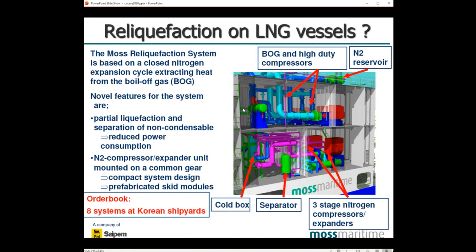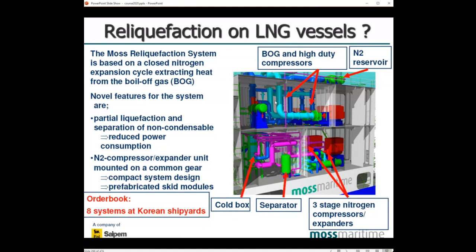But more and more, because we need to increase efficiency of these gas carriers, we find reliquefaction units on LNG vessels. Since the system we used to use, namely using the boil-off for the boilers and then for propulsion or gas turbines, is not so efficient. And in times that we have to save money, well, we need to find solutions.